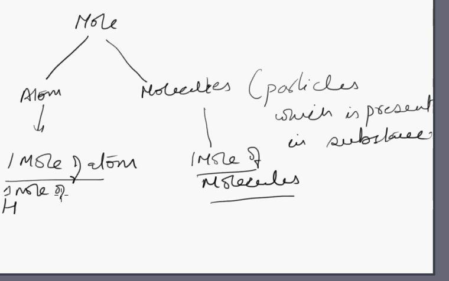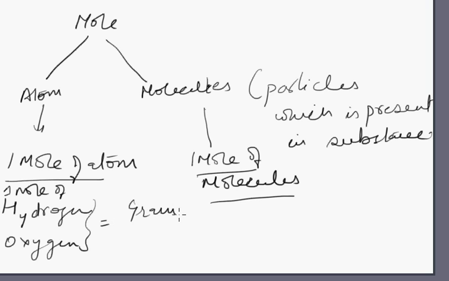For example, we say 1 mole of, say, hydrogen, or say oxygen. These are the elements. If you talk about a 1 mole of atom, that is a gram atomic mass, of hydrogen, it is 1 gram.